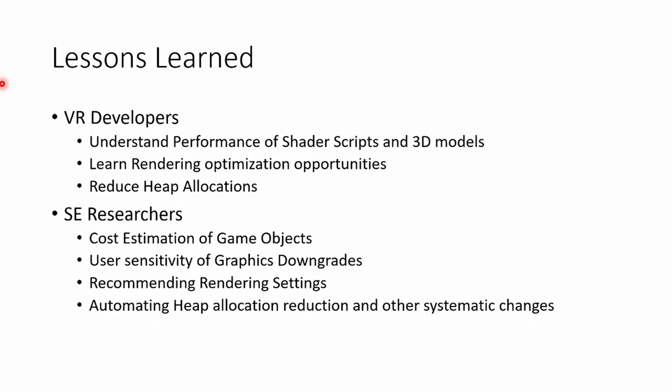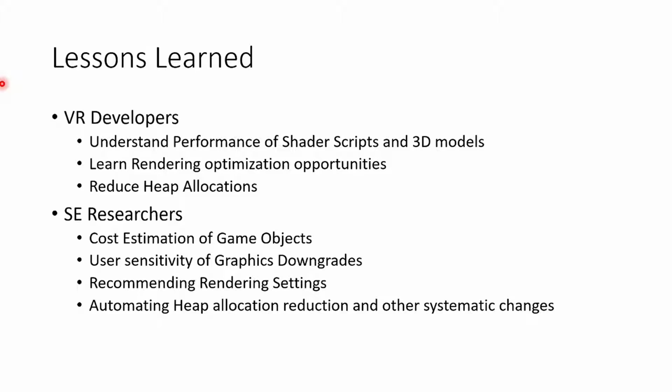And for the software engineering researchers, we believe that it's very important to find out how to do a precise cost estimation for game objects. The second one is that user sensitivity to graphic downgrades is very important, because we find a lot of developers are reducing the visual quality to enhance the efficiency.